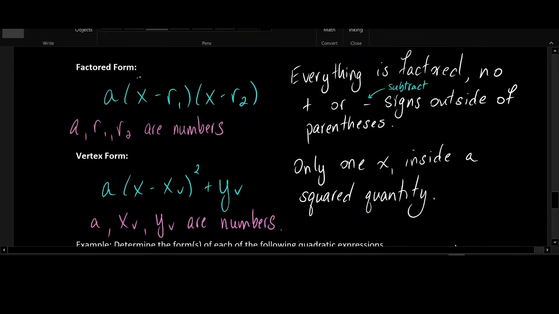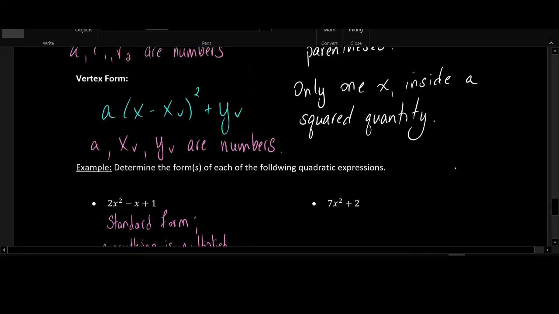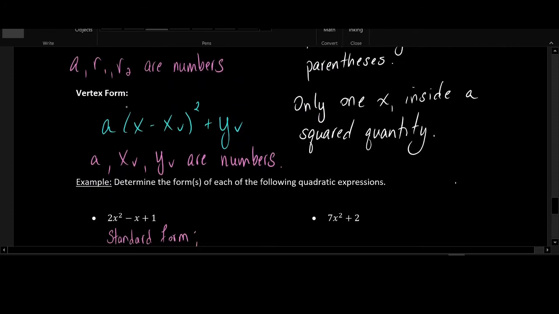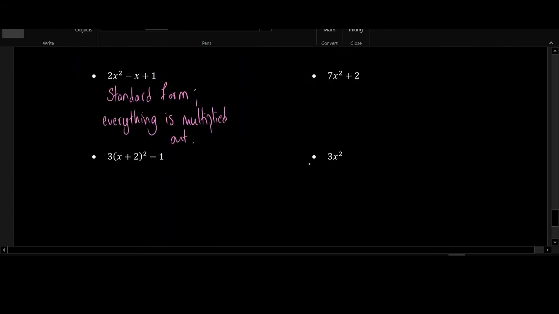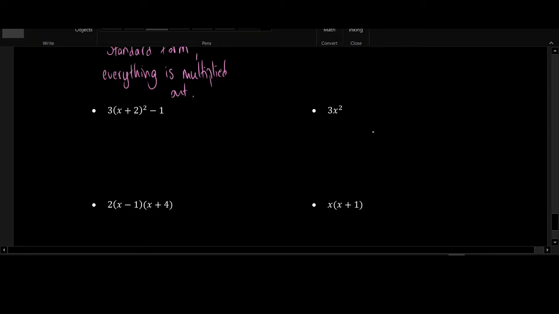It definitely can't be in factored form, because in factored form there is no addition or subtraction happening outside of the parentheses. But in this expression, I'm subtracting 1 outside of the parentheses. This expression is in vertex form, where we have only one copy of x, which is inside of a squared quantity.